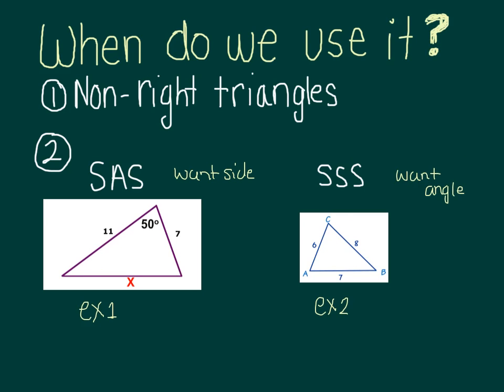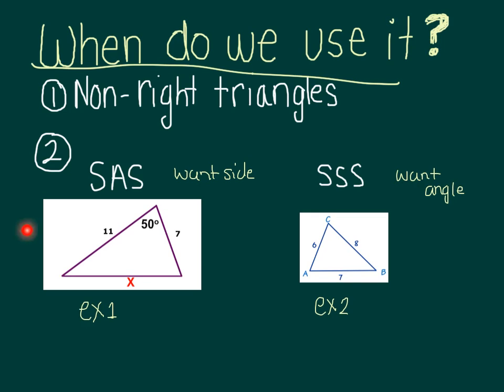So a question you might be asking yourself right now is, when are we actually going to use the law of cosines? How do I know I want that rather than SOHCAHTOA or some other law? Well, the way you'll know is it's going to be a non-right triangle, and then you're going to be in one of two different situations.